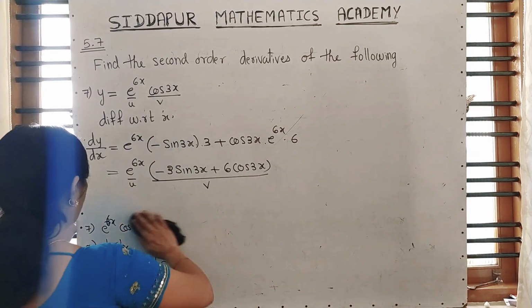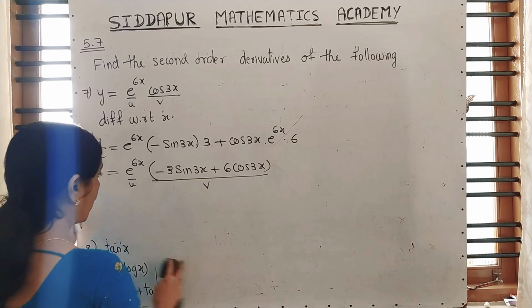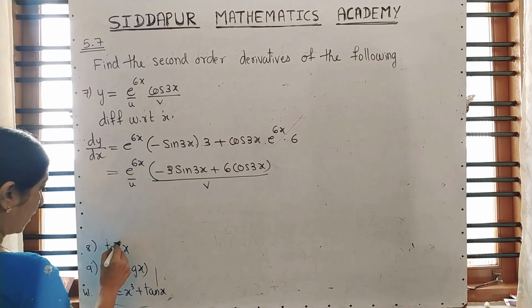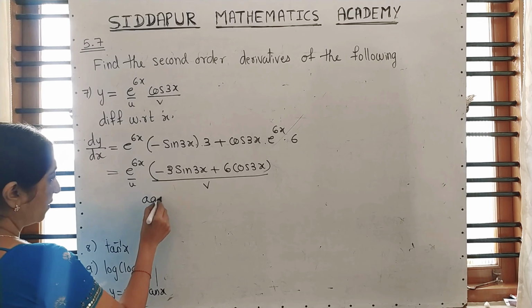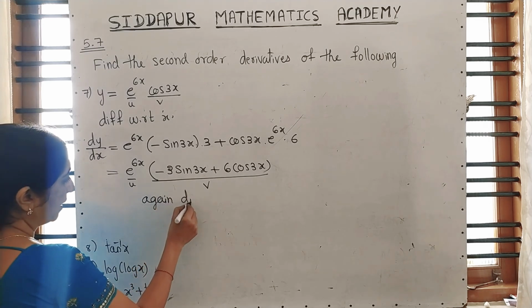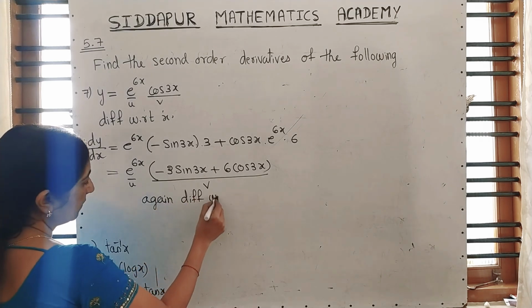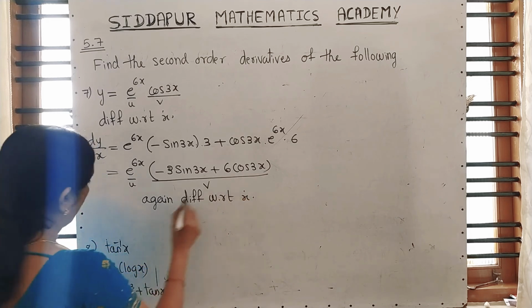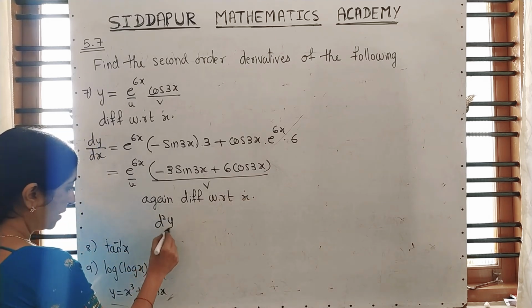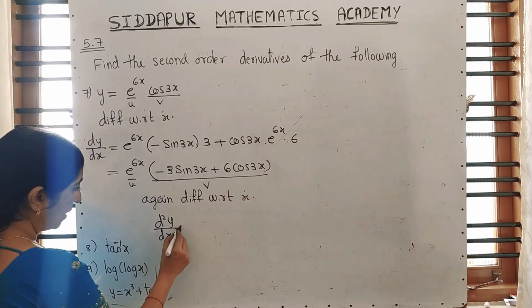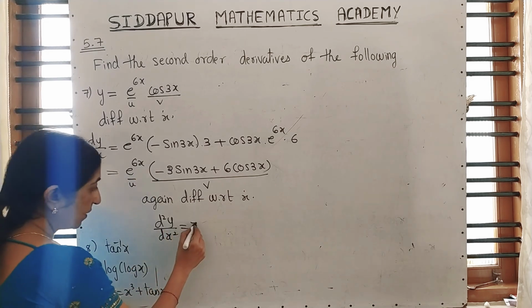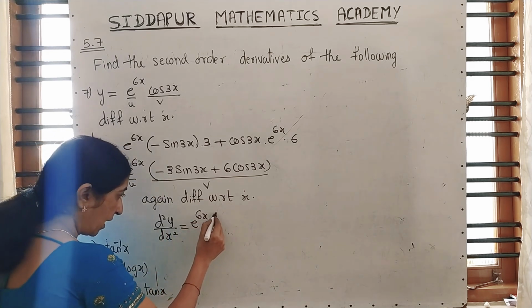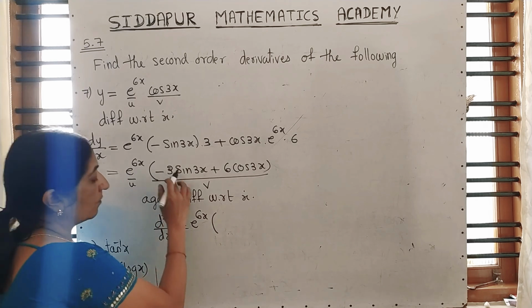Now differentiating with respect to x again. d square y upon dx square, u into v. e raised to 6x as it is in the bracket.